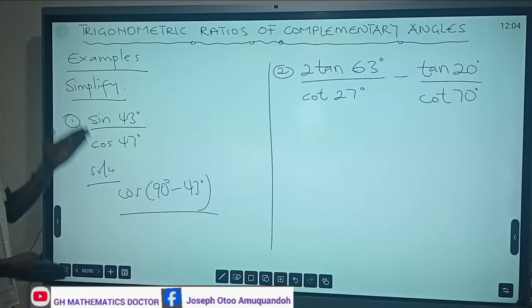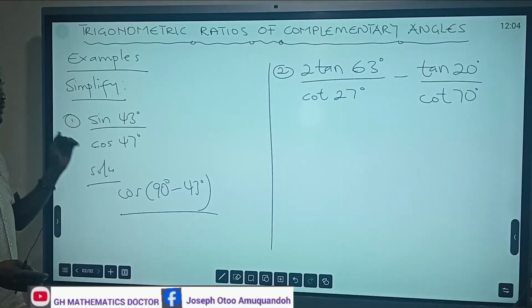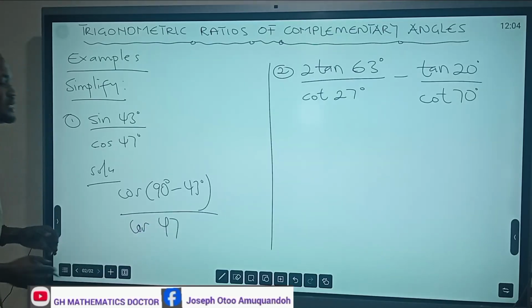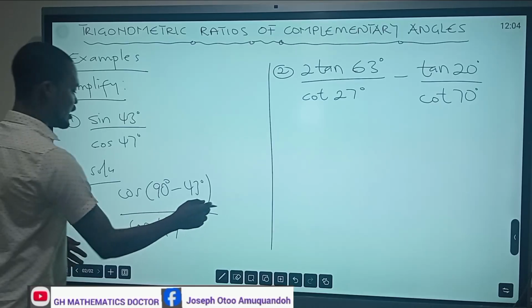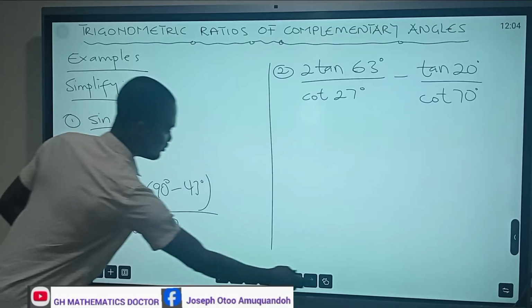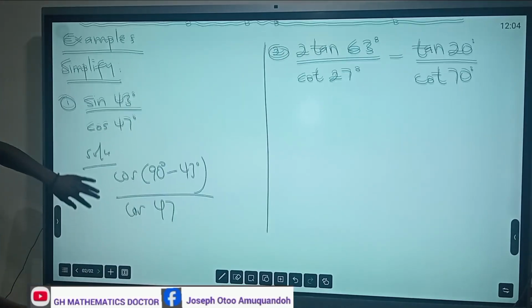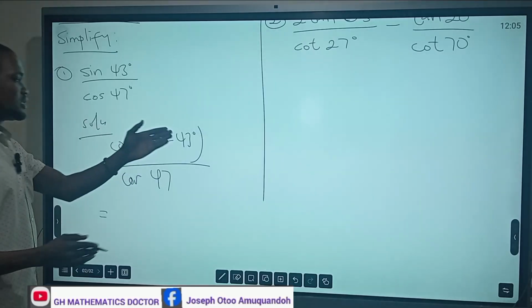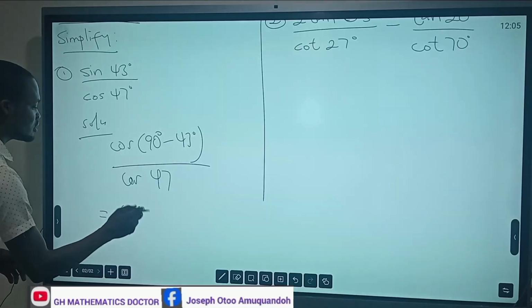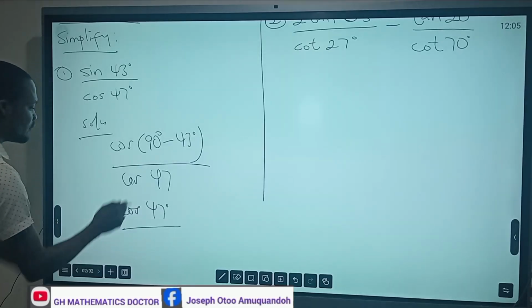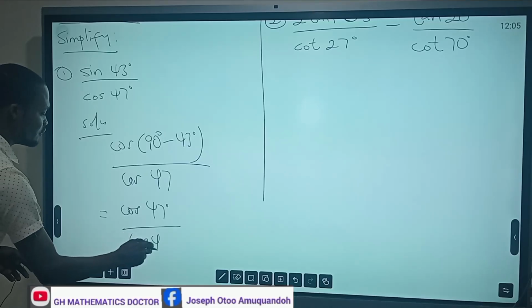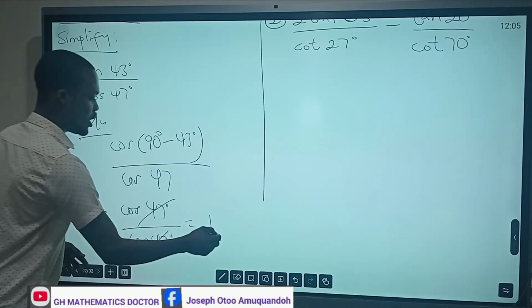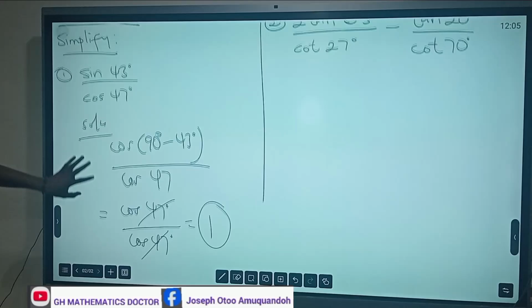Since I've changed the numerator to cos and the denominator is already cos, I'll maintain the denominator cos 47 for easy simplification. So cos 90 minus 43 will give you cos 47 degrees over the denominator cos 47 degrees. And when you cancel this out, the result is going to be 1. This is the result when you simplify this.